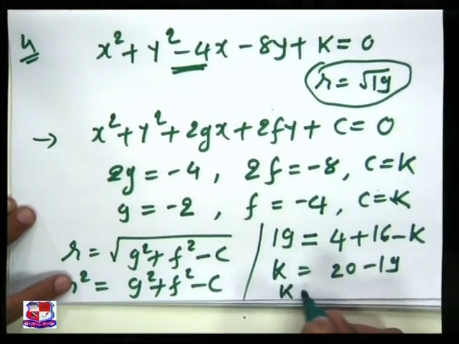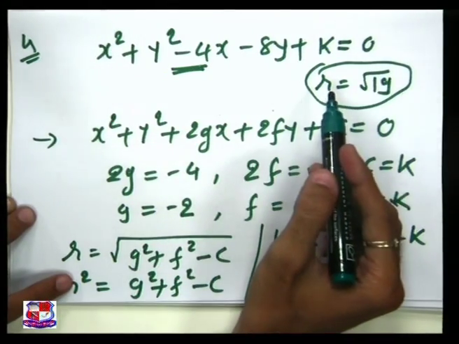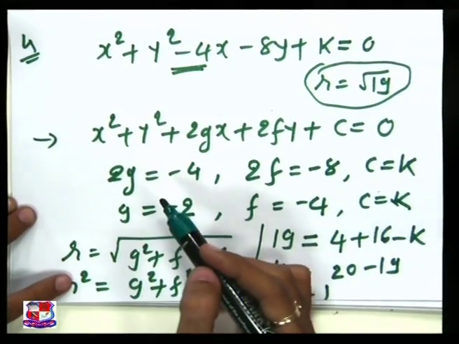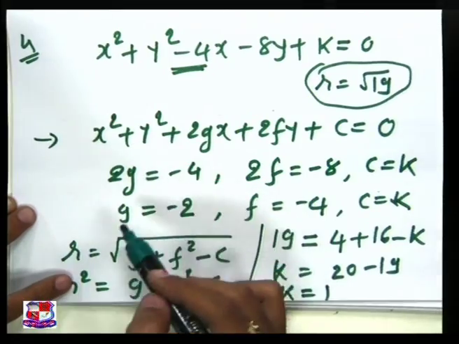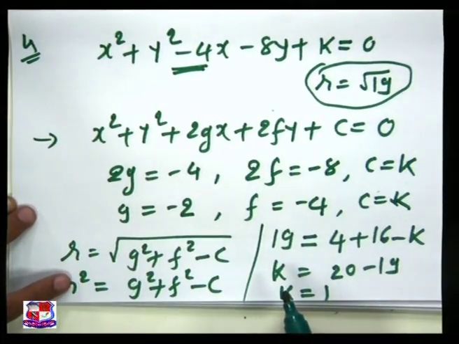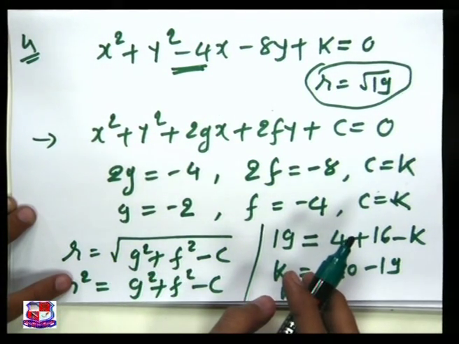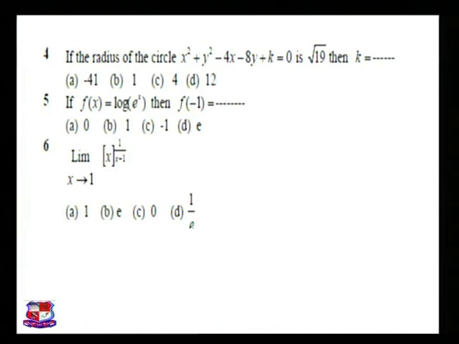So we will get k is equal to 1, using the radius which is given and the radius found from the given circle. By comparing these two, we have found k is equal to 1, and k is equal to 1 is given in option B, right? So our answer is B for the fourth MCQ.